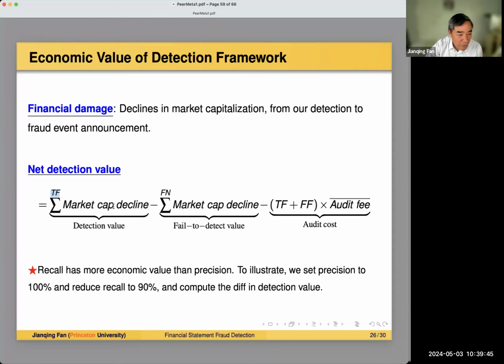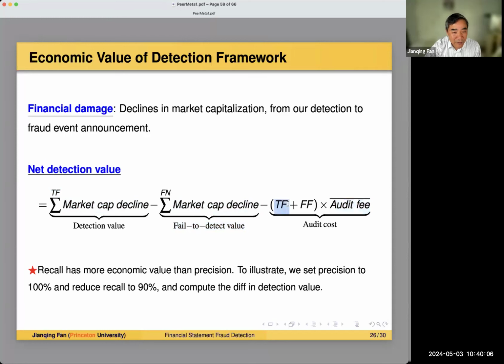And then, of course, we also have missed discoveries, right? So this is the market capitalization decline. In the missed discovery case, we subtract market capitalization, and then there's an auditing fee.